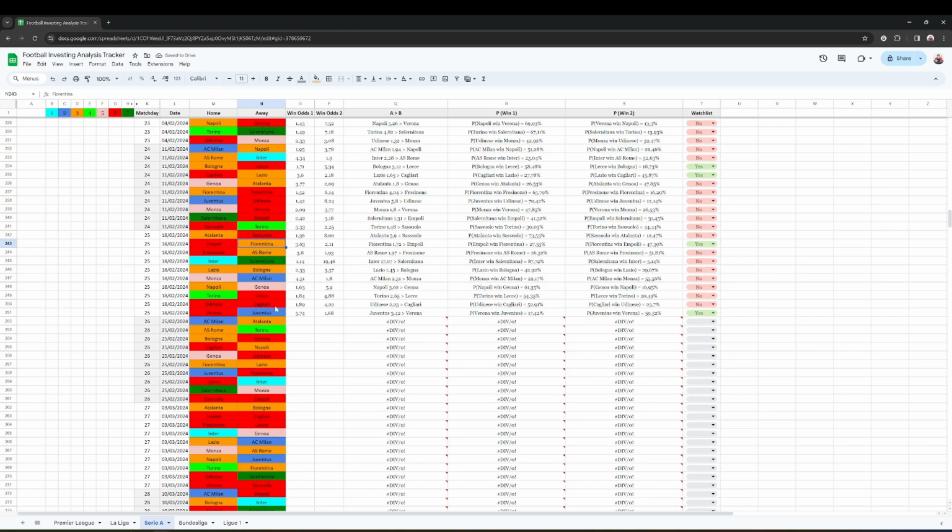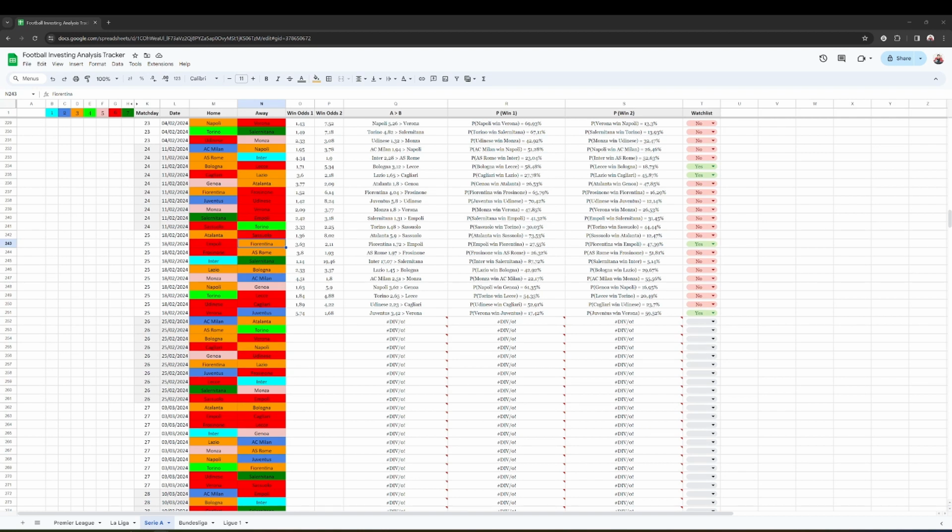Fiorentina against Empoli, I will have a look at that because I'm somehow not convinced that Fiorentina will struggle so much against Empoli, even though they have been struggling recently. But on the other hand, they faced Napoli, Inter. Okay, they faced Lecce.